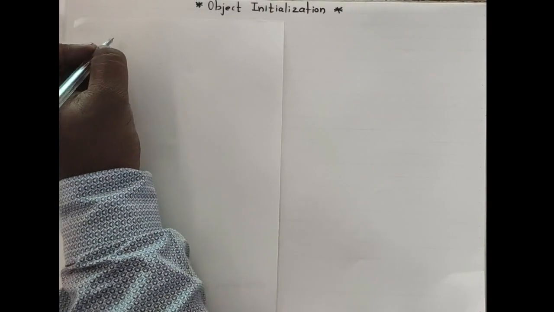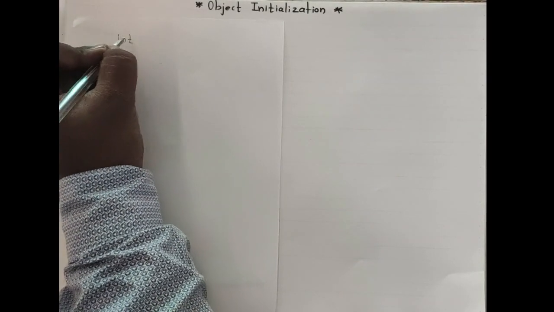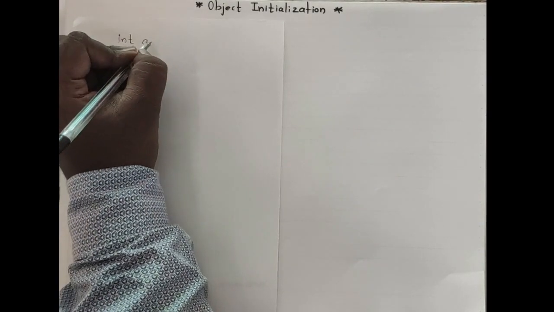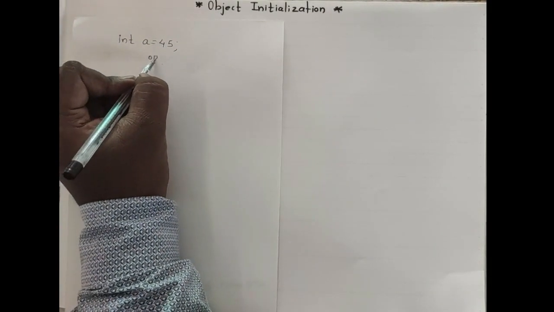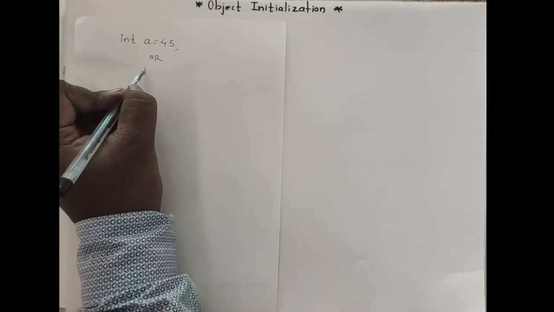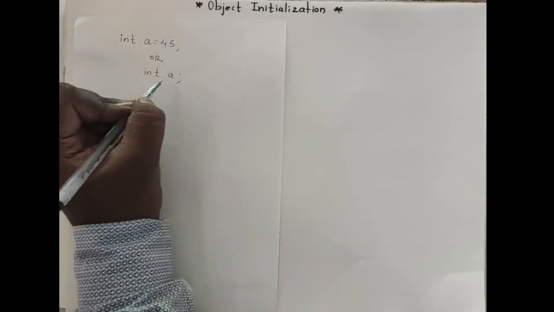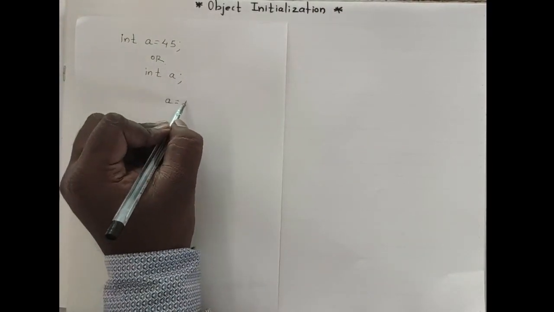So what is initialization? Consider an example. Suppose we have a variable, int a is equal to 45. This variable is also written as int a semicolon and a is equal to 45.